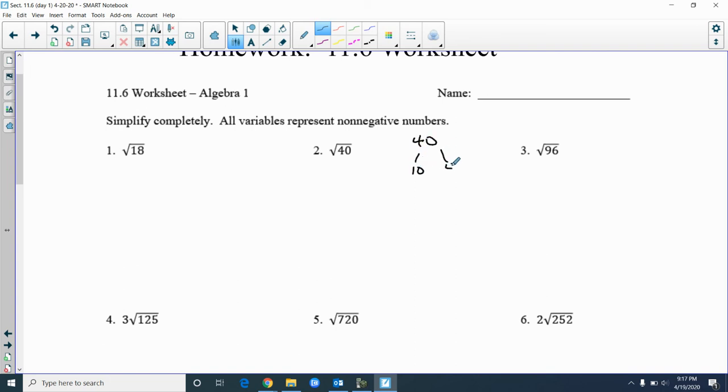That is 10 times 4, 2 times 5, 2 times 2, 3 2s, and then 1 2 goes on the outside. Multiply those back together, you get 2 square root of 10 for that one.